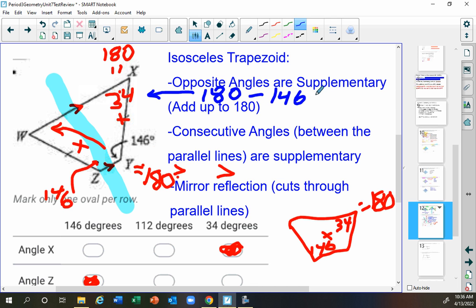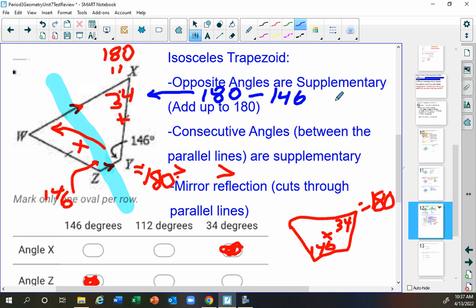Okay, questions up to this point? So again, if you're between the parallel lines, you're supplementary. Go diagonal, you're also supplementary. All right, questions before we continue?